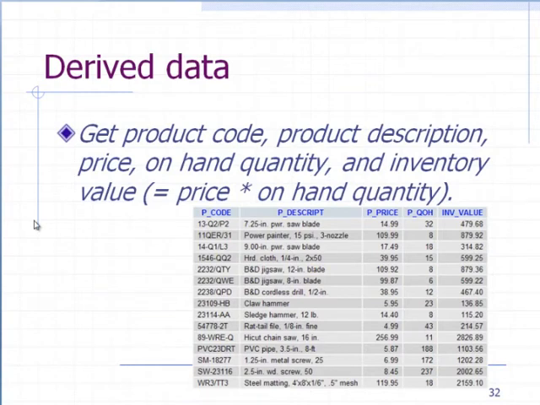So for example here, we want to get product code, product description, price, on-hand quantity, and the last one is called the inventory value. By definition, inventory value means price multiplied by on-hand quantity. Since we have price and on-hand quantity as the raw facts in the table, we can calculate inventory value for each product.